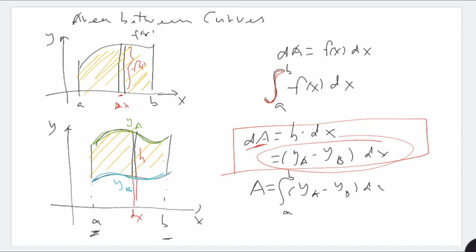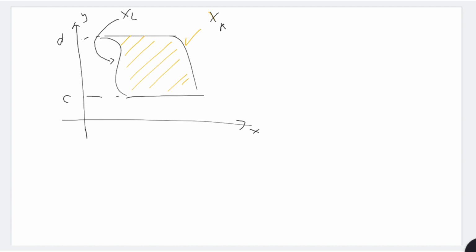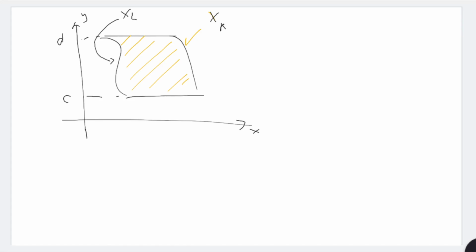The reason is, if we try a vertical strip, somewhere in the middle, then y_A, the y above, y below, will be y equals d. And y_B, below, would be actually the value c here, right?